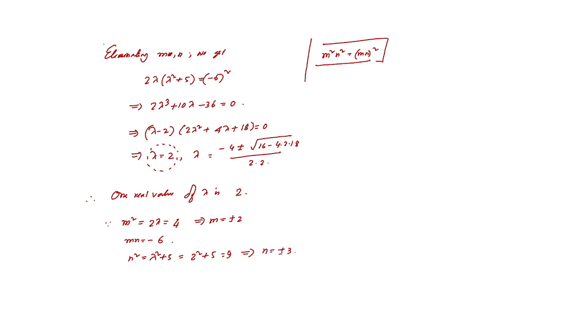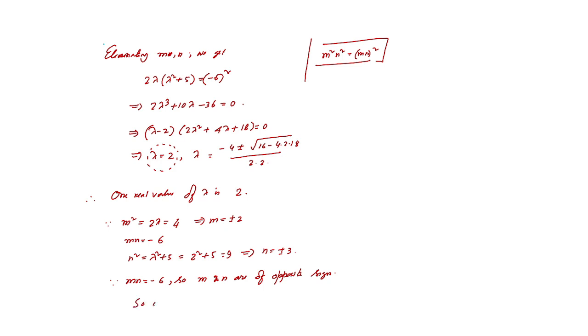Now we need to decide which value of m corresponds to which value of n. Since the value of mn equals to minus 6, we can say m and n are of opposite sign, because if the product of two real numbers is negative, one real number will be positive and the other will be negative.